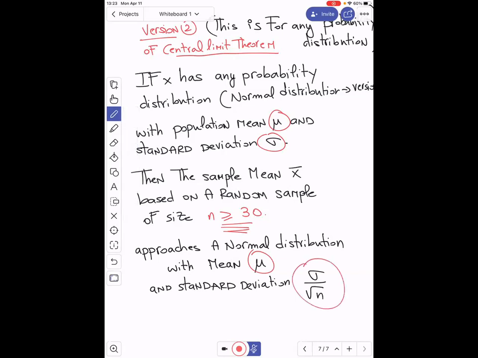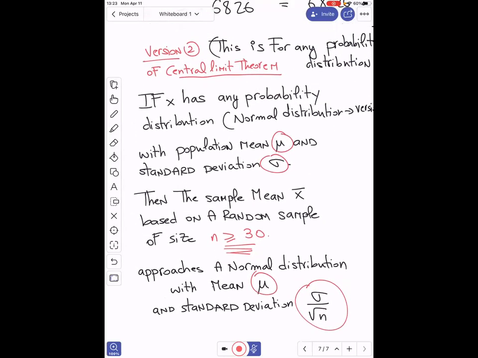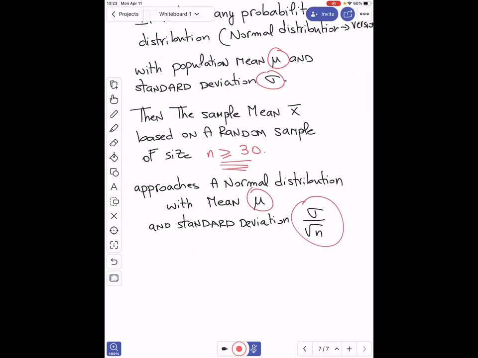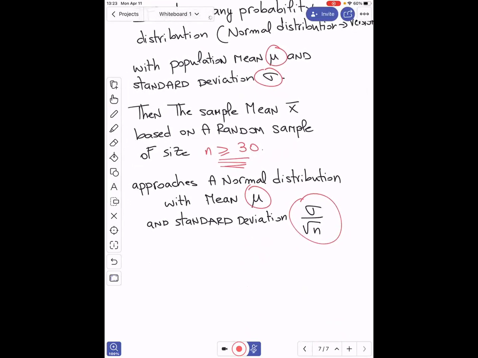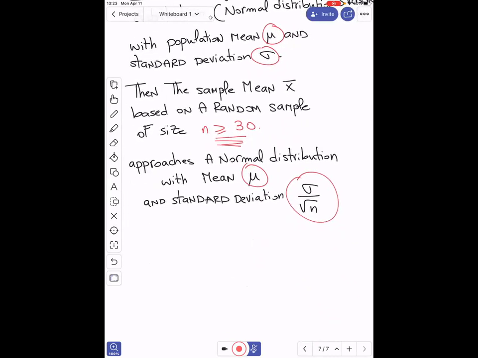So it's exactly the same thing, except that when your X doesn't follow a normal distribution, we require that the size of the sample is more than 30. So here it's the same thing as version 1.